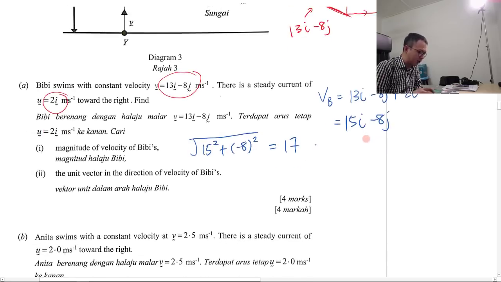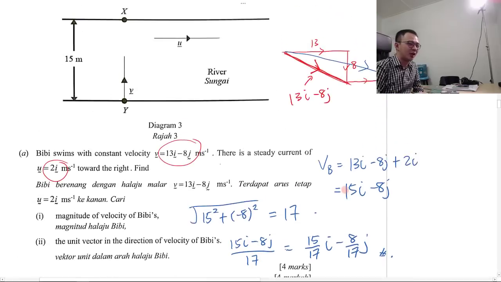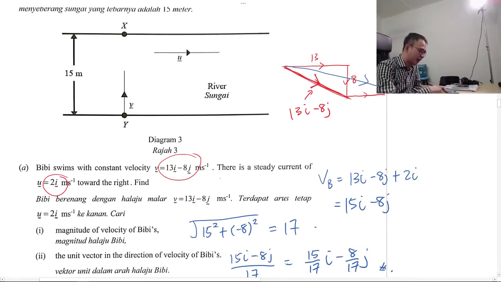And then I want to get the unit vector of this vector. So basically the unit vector will be 15i minus 8j divided by its length, which is 17. So it equals 15 over 17 i minus 8 over 17 j. Yeah. If I ignore the logic of it, because I keep thinking if the question wants to go from Y to X, then this direction doesn't lead me to X.